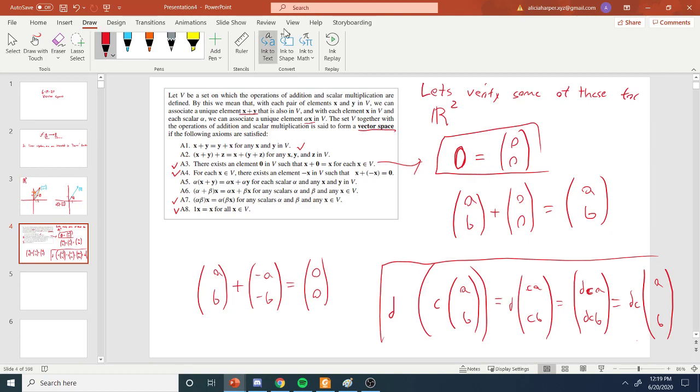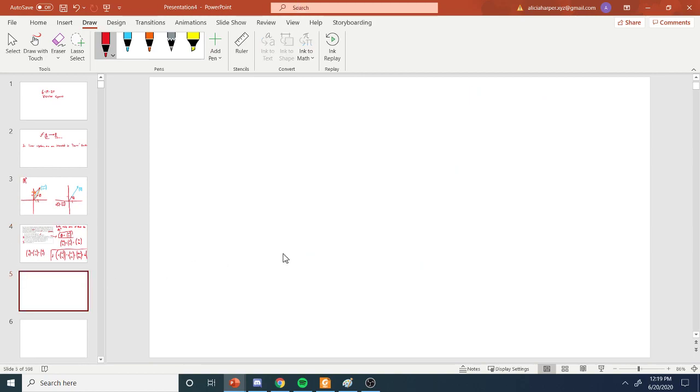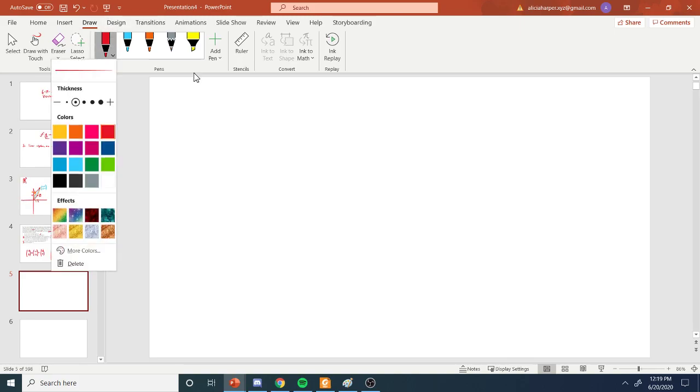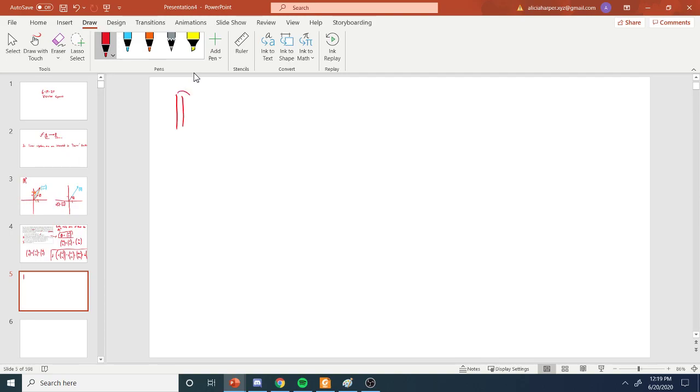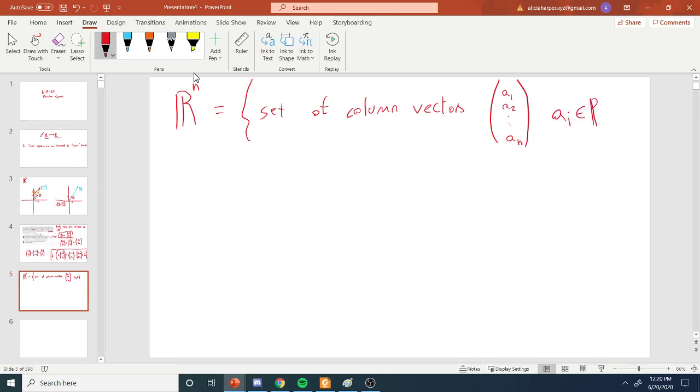So let's look at some examples. Let's start with the canonical example that generalizes the one we already looked at, Rn. So Rn will be the set of column vectors a1, a2, through an, where the ai are real numbers.